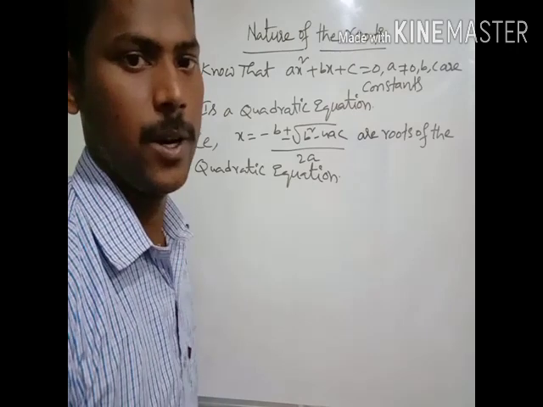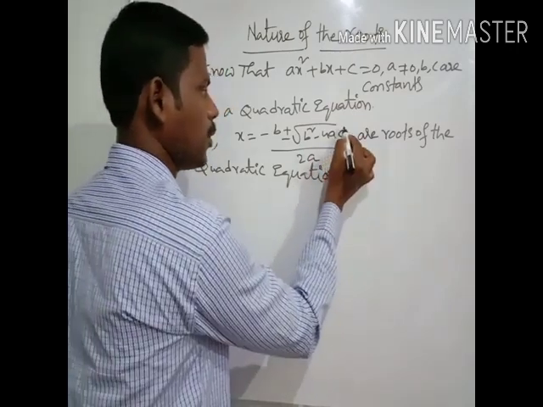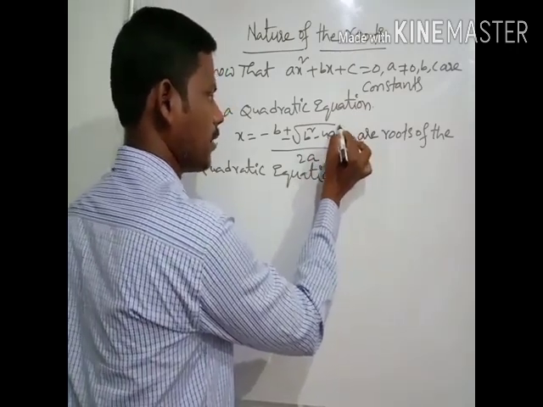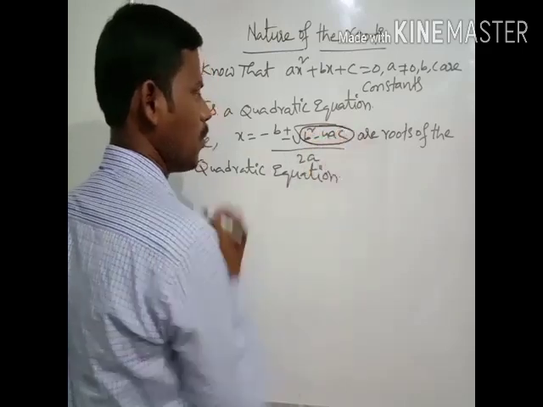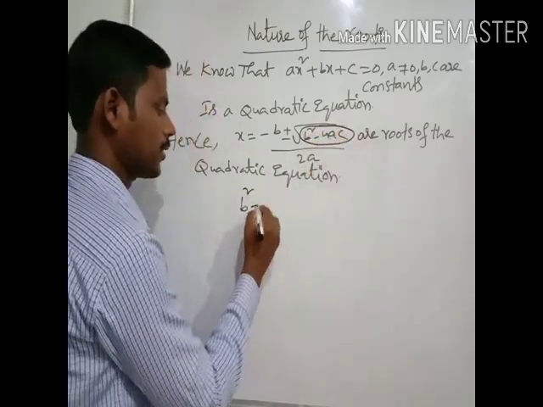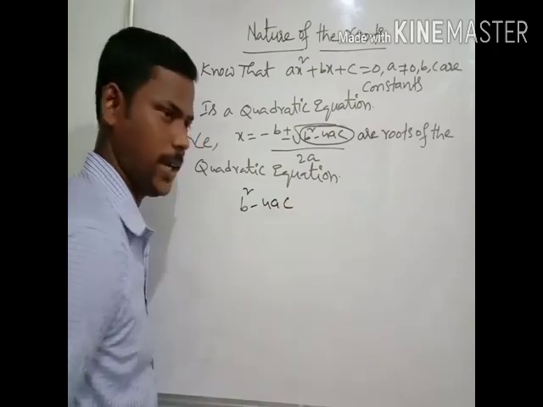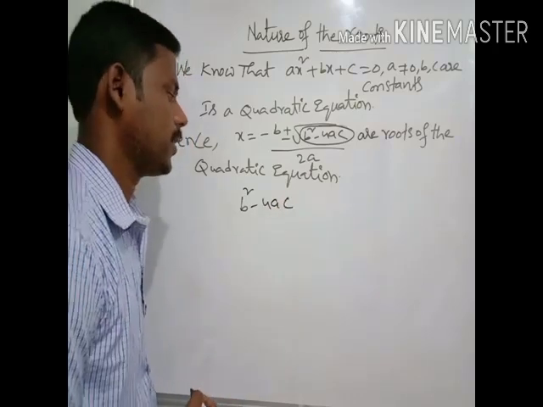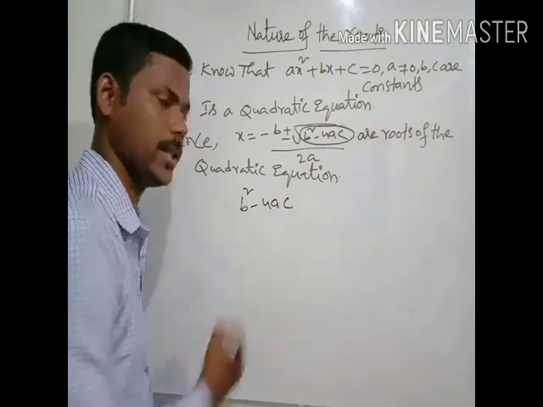Okay children, look at the board and identify the value under the root. What is that value? b² − 4ac. So here b² − 4ac, let it be a constant.